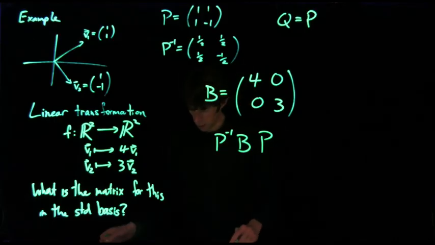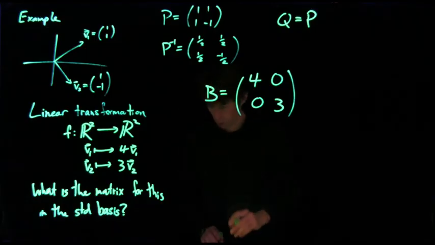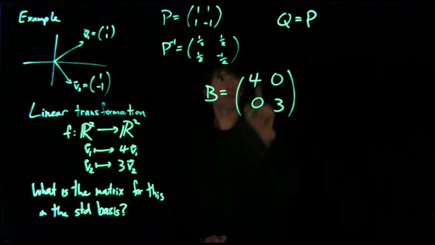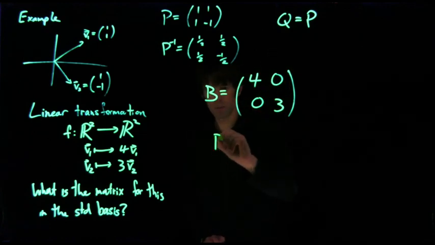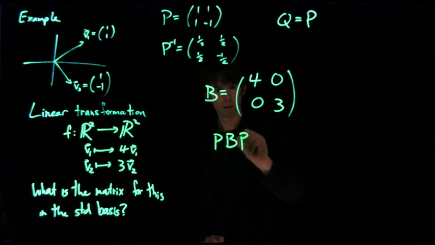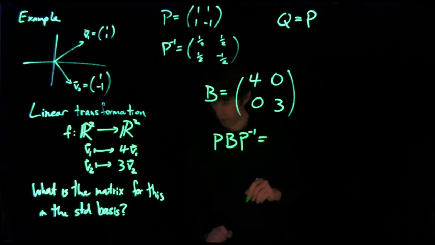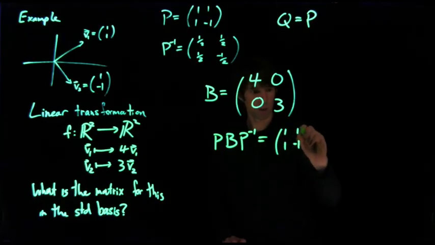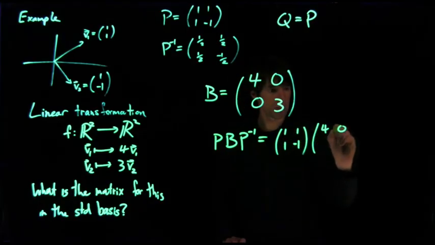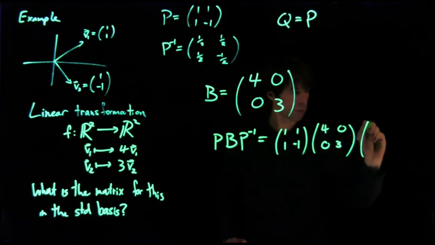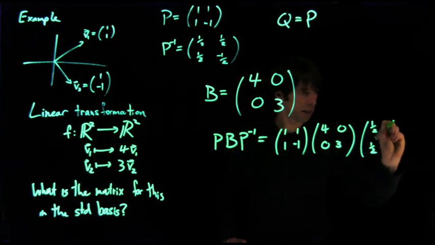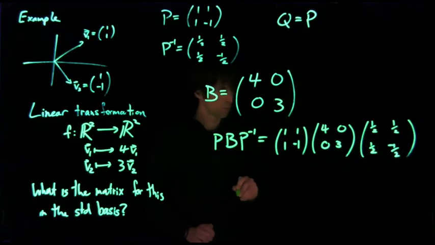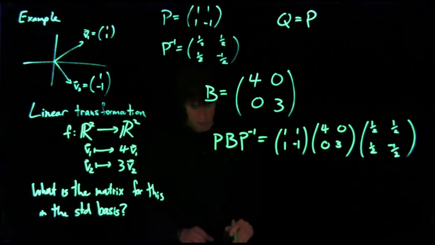So let's write this out. The formula that we want is the one that we just had: we want Q, B, P inverse, but Q is equal to P. So we want P, B, P inverse. If we write this out, this is [[1, 1], [1, -1]] times [[4, 0], [0, 3]] times [[1/2, 1/2], [1/2, -1/2]]. So let's multiply this out.